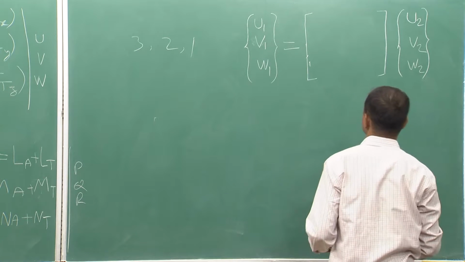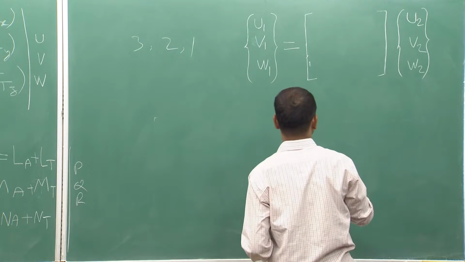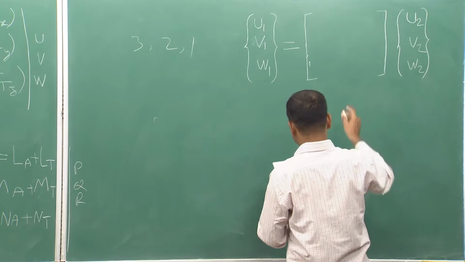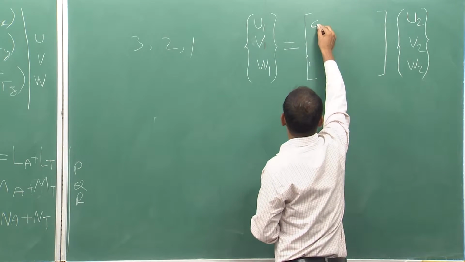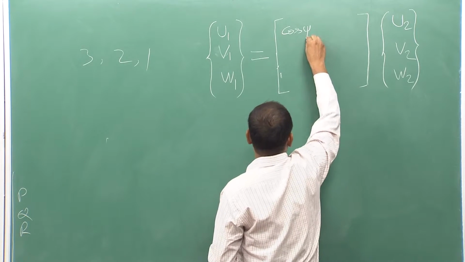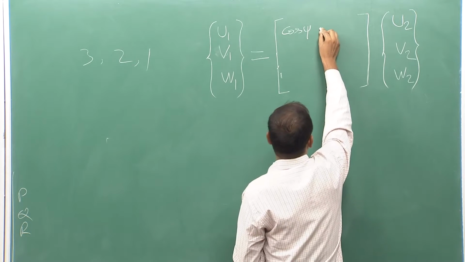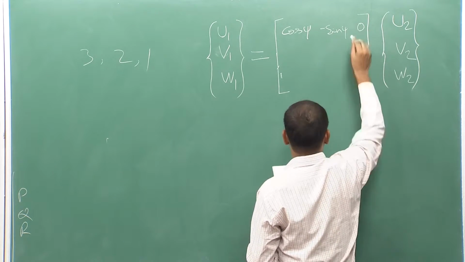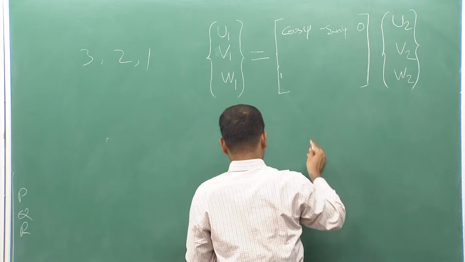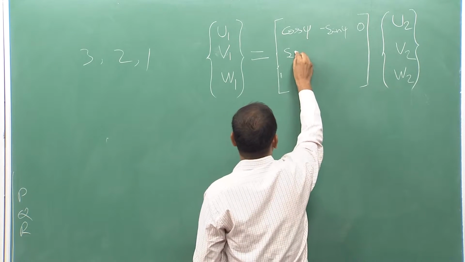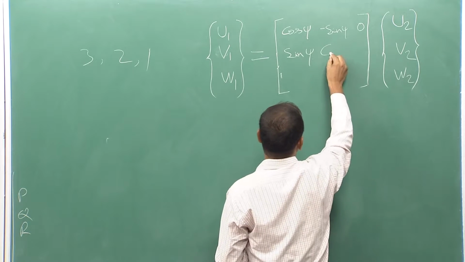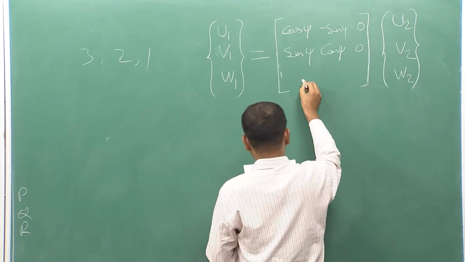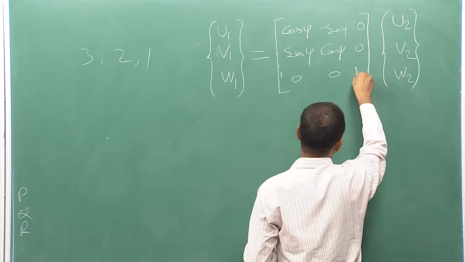This u2, v2, w2 is an intermediate frame, and this we got after the rotation psi. We can write this matrix: cos psi, minus sin psi, 0; sin psi, cos psi, 0; 0, 0, 1.